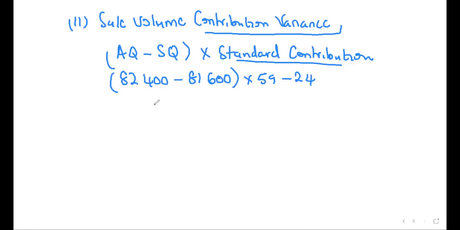How much are we having here in terms of units? If we subtract 82,400 minus 81,600, it's 800. Are we having a favorable or unfavorable?